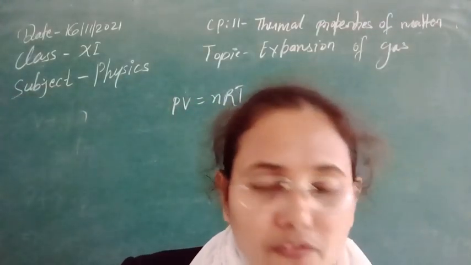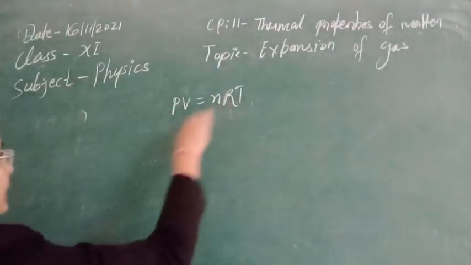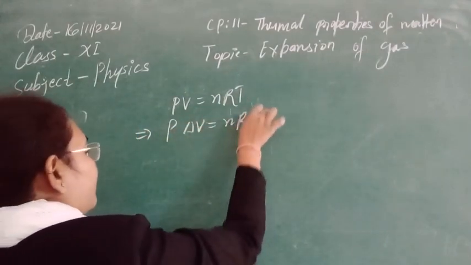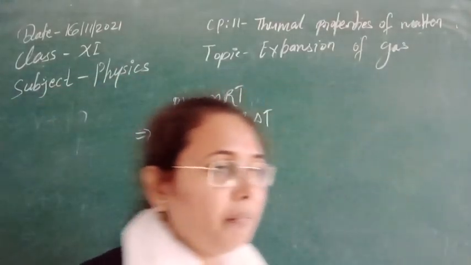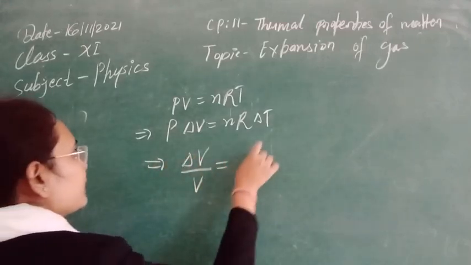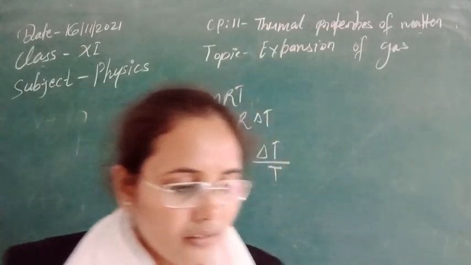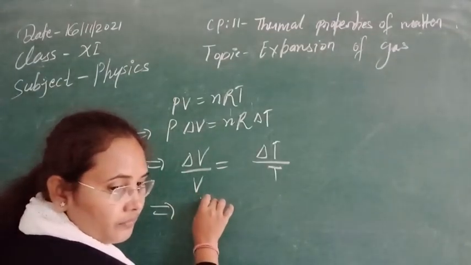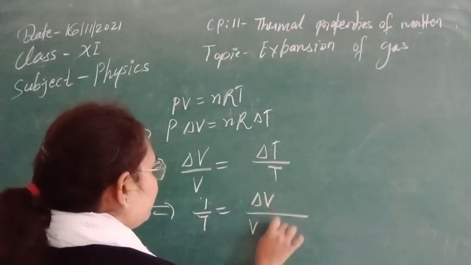At constant pressure, for a change in the volume of the gas delta V with a change in temperature delta T, we can write this equation as P delta V equals nR delta T. Dividing these two, we get delta V by V equals delta T by T, and we can also write 1 by T as delta V upon V delta T.